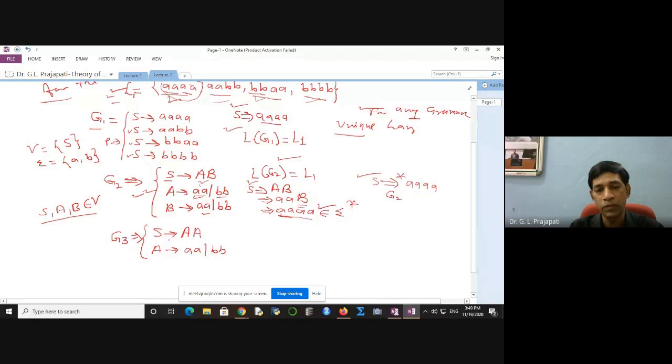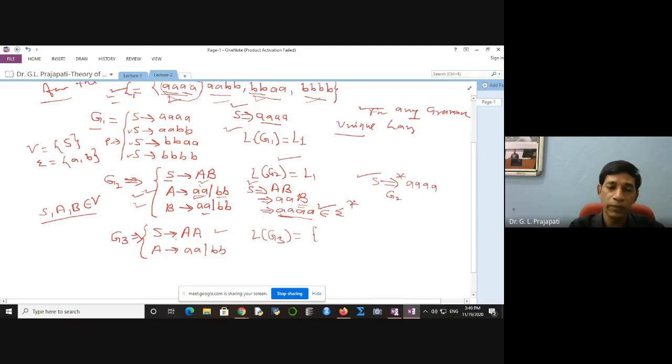You have used only one or two non-terminals and few production rules, while in G1 you have more non-terminals and more production rules. So this is a more efficient grammar compared with G1. Next you need to verify whether this is the grammar for L1 or not, so let us see how the language is represented by the grammar G3.